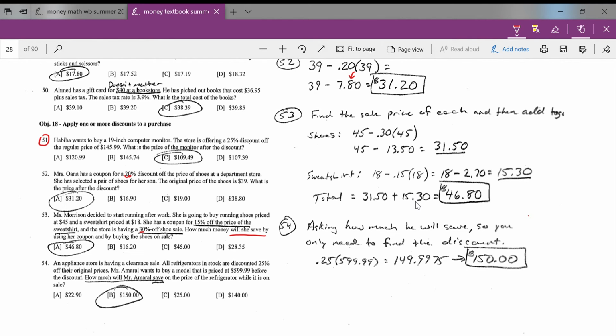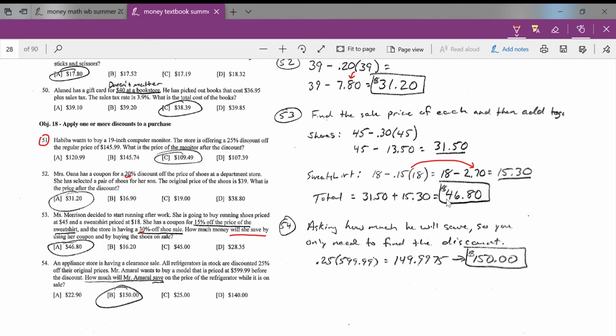That means the discount is going to be $2.70, and then subtract that from the original price, so the sweatshirt ends up costing $15.30. And then I took the price of the shoes, $31.50, plus the price of the sweatshirt, and added them together.